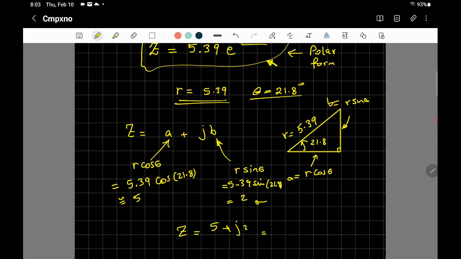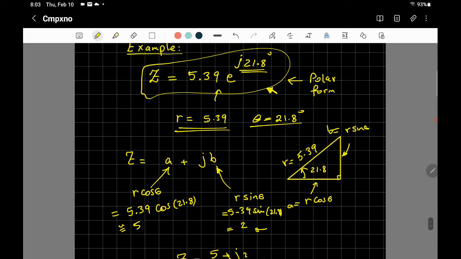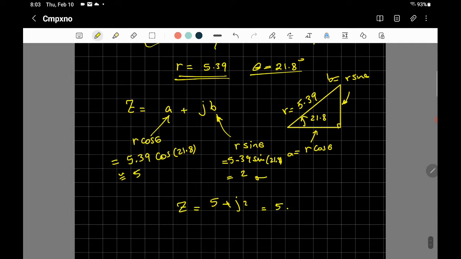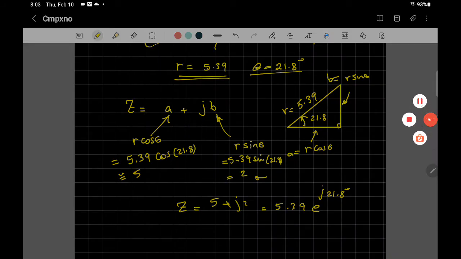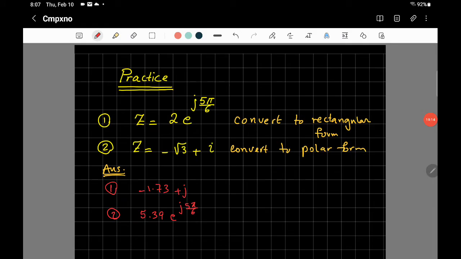It's the same as was expressed in polar form, 5.39 e to the power of j 21.8 degree. So that's how you convert. Before we move to the next point, try first to stop the video and do these practice questions.